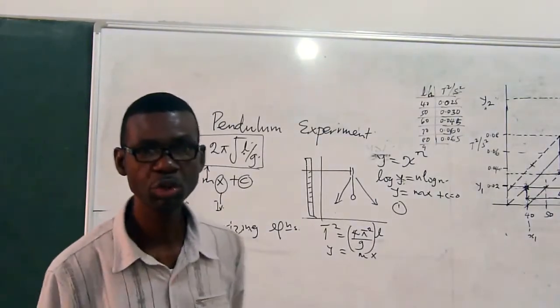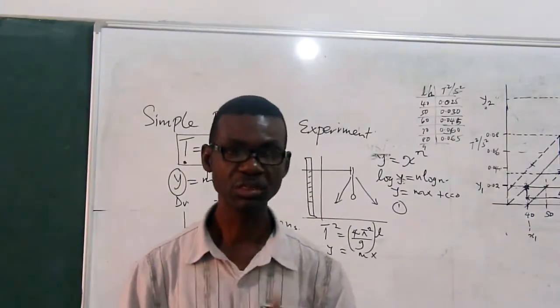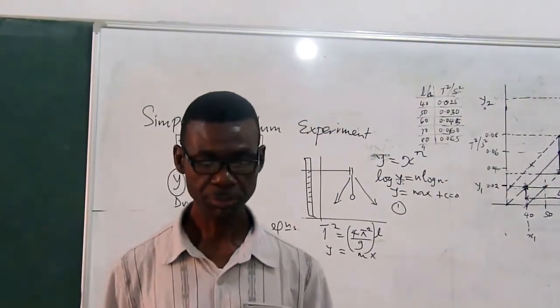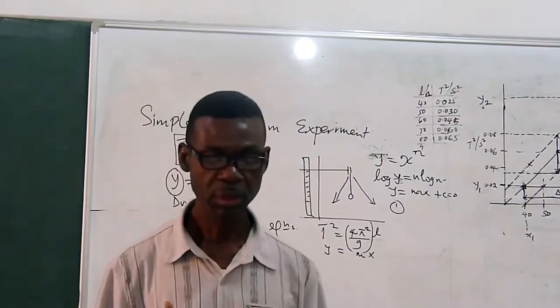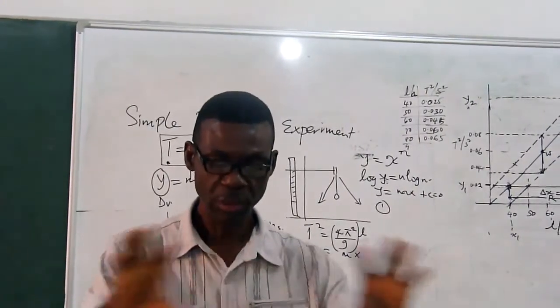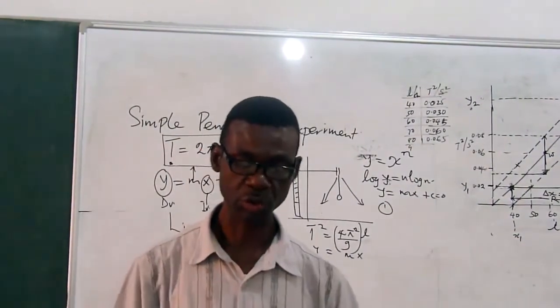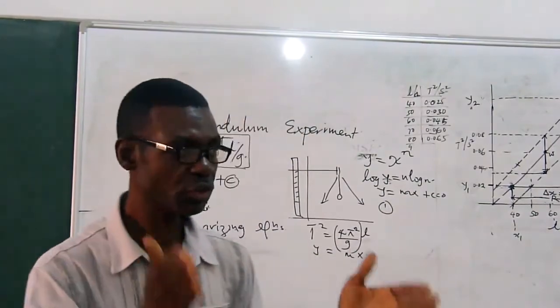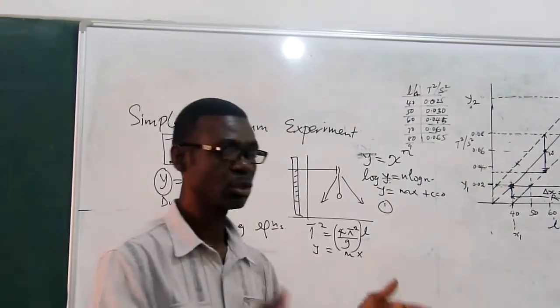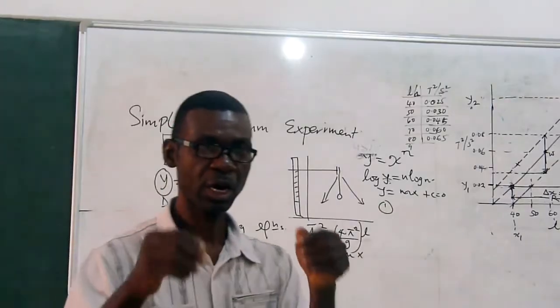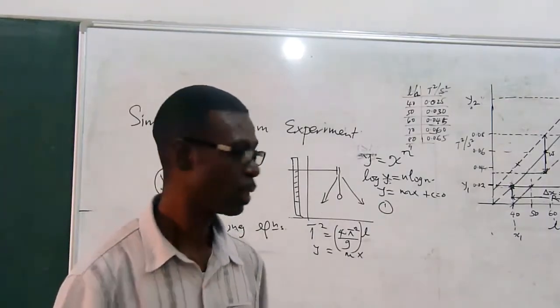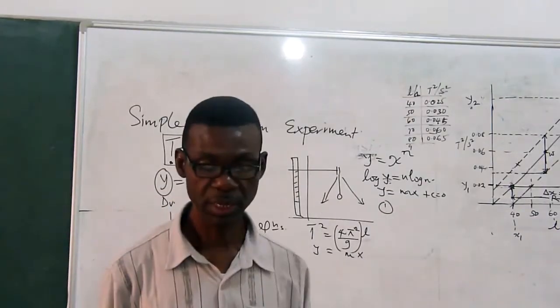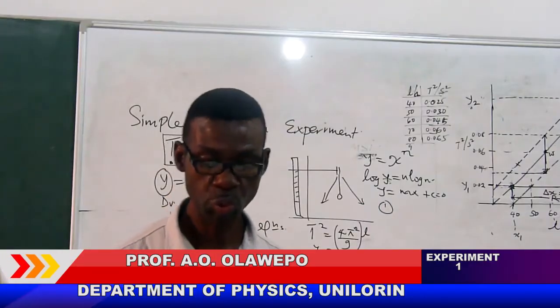When you do this experiment, you are expected to take the time. Now you'll be asked to tabulate your result. You can tabulate your result such that you have N, you have T, and then you can calculate T squared.